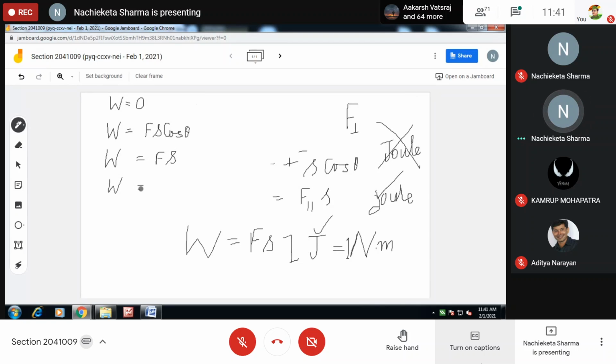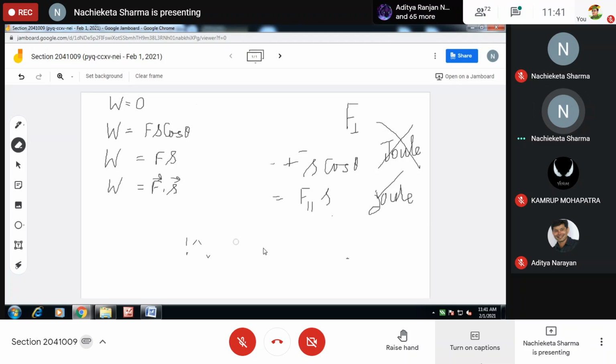So what are the differences and similarities between all these equations? Let me tell you. W is equal to F dot S and W is equal to Fs cos theta are the same, so the first and the third equations are the same thing. The only difference is I have represented them by two vectors as F dot S, and F dot S is Fs cos theta.